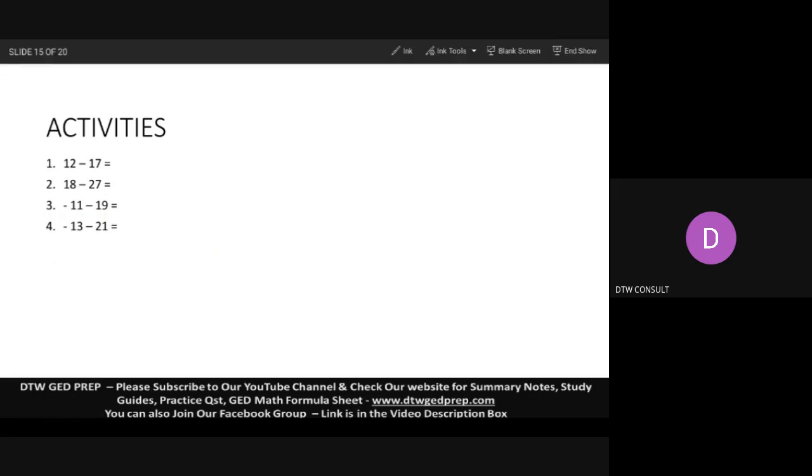So same thing, our answer, we have a negative sign. Then we pick the two values and add them up. So if we add this up, 3 plus 1 gives us 4. 2 plus 1 gives us 3. So you have negative 34.